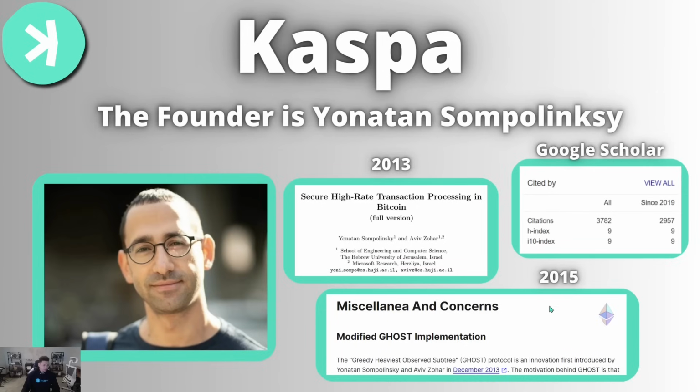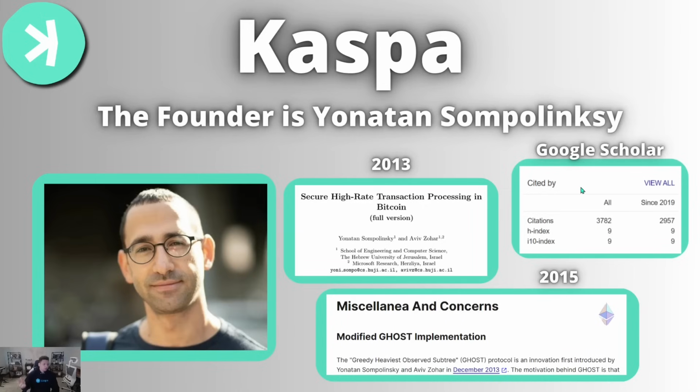In 2015, this same research paper that became known as the Ghost protocol was later implemented into Ethereum, and Jonathan is mentioned in the Ethereum white paper. Ethereum is the second biggest cryptocurrency in terms of market cap.